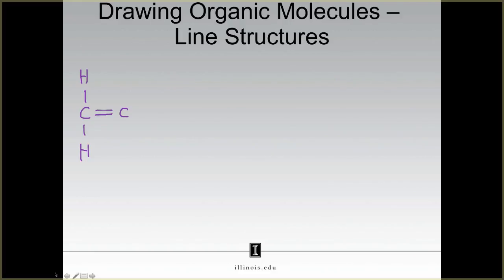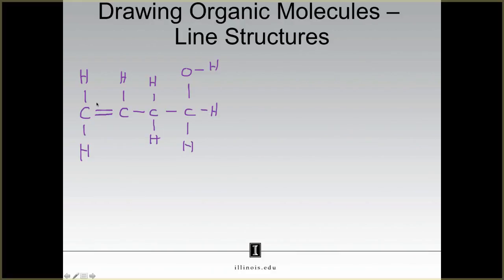I'm going to continue drawing this molecule. And there we go, that is 3-butene-1-ol. You can see that I have 4 carbons present in this molecule, right down the middle.